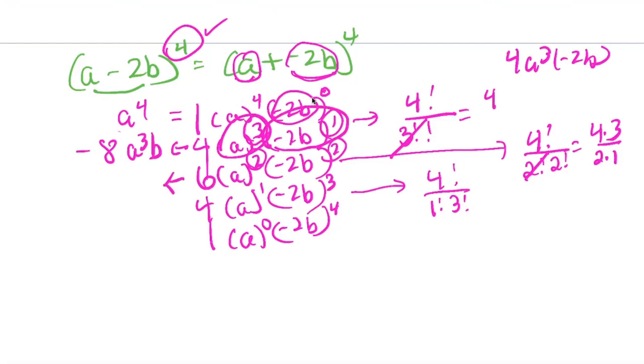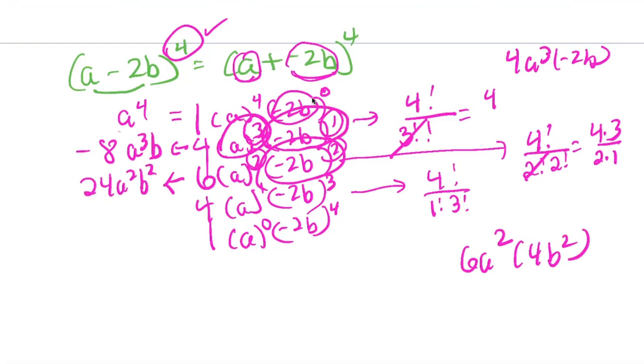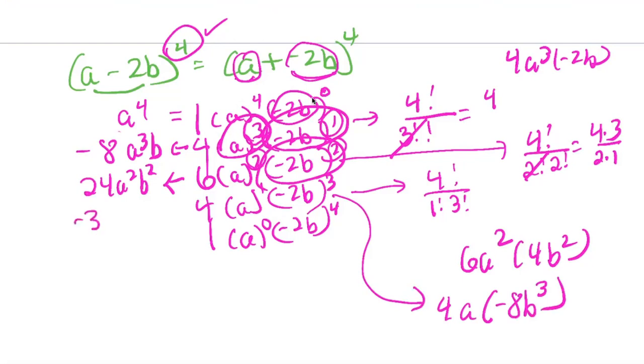This one's going to be 6a squared times 4b squared is 24a squared b squared. This one's going to be 4a times negative 8b cubed. It's going to be negative 32ab cubed. And then this one is going to be just negative 2b to the 4th will be 16b to the 4th.